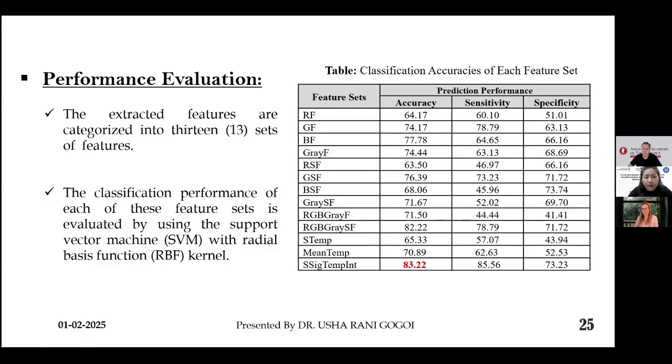Now I have used the SVM classifier, the support vector machine classifier, because it is widely used in medical image processing. I have used SVM with different kernels, and out of these I found that the radial basis function kernel gives the best result with the statistically significant temperature as well as intensity features.